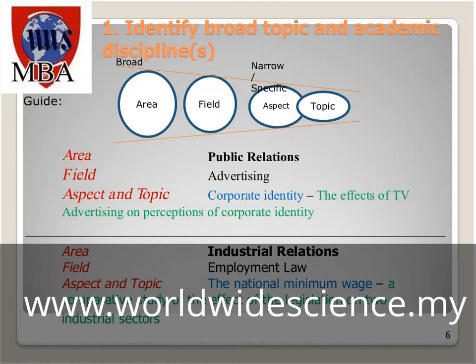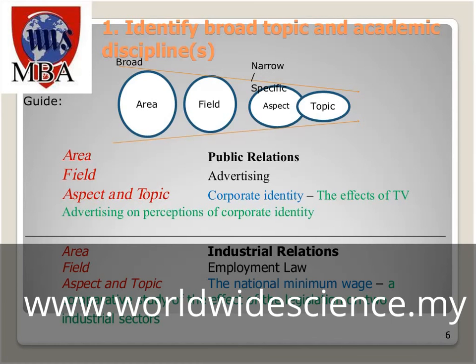Now this slide talks about identifying a broad topic and academic discipline. Here you see that when you want to choose a topic, first you choose the area, then the field, and then the aspect. It means you start from the general and narrow down to the specific, which should be your topic.